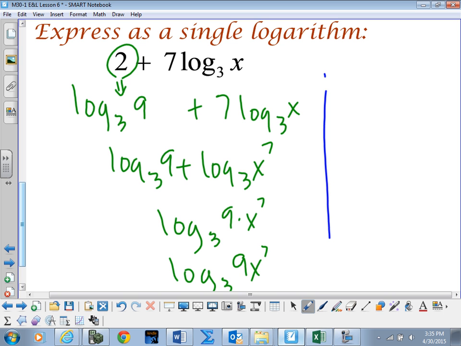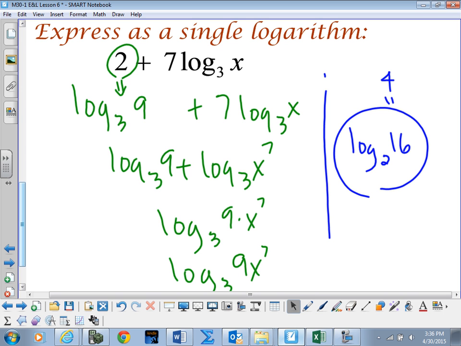If I wanted to write, let's say 4 as a log of base 2, what would I put in for the x term? I'd put in 2 to the power of 4 because this expression is equal to 4. Log base 2 of 16 is equal to 4. So I can replace any constant with any base.